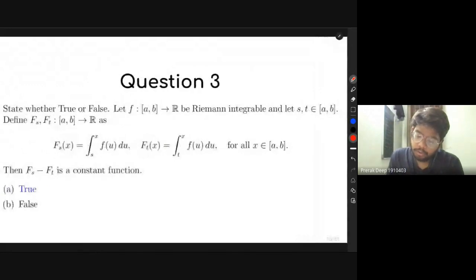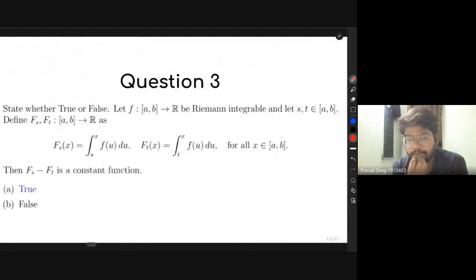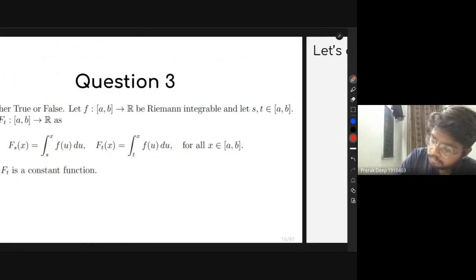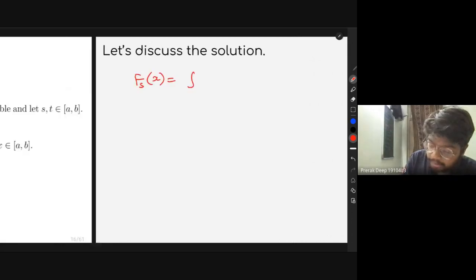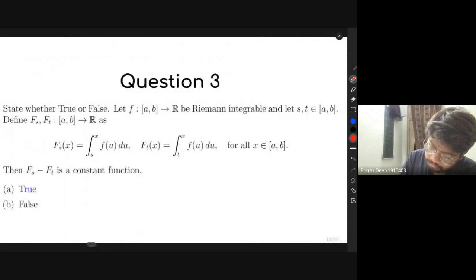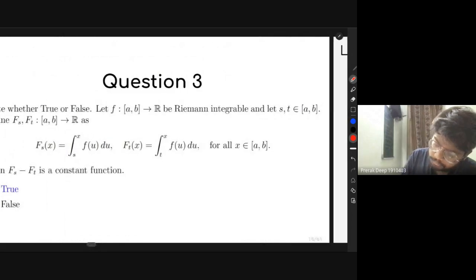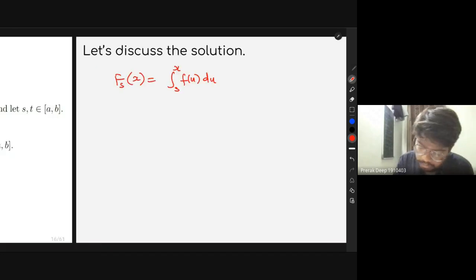Here we are going to use some properties of the Riemann integrable functions. So we have fs of x given to be the integral from s to x of f of u du, correct?